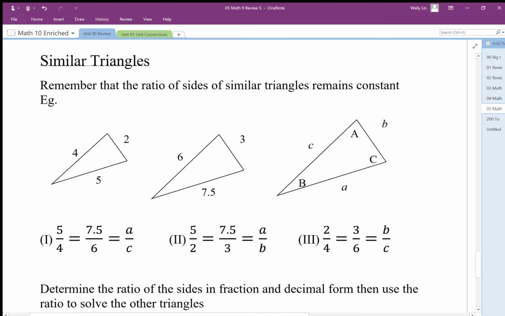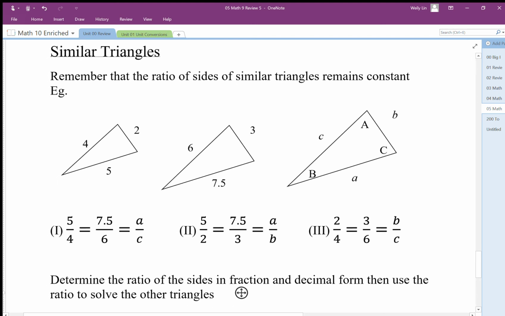For similar triangles, we are using the same proportional concepts, times and divide. We can set up a proportional relationship. So if these 3 triangles are all similar, we can say that this ratio of 5 to 4.4 is equal to 7.5 to 6, which is equal to A to C. And we can make these sort of comparisons for these triangles.